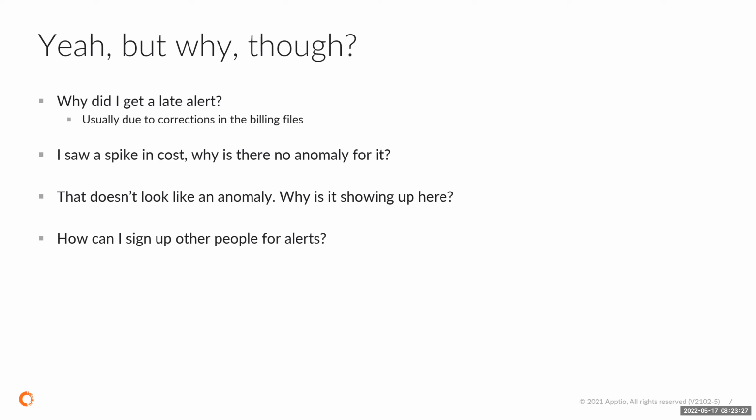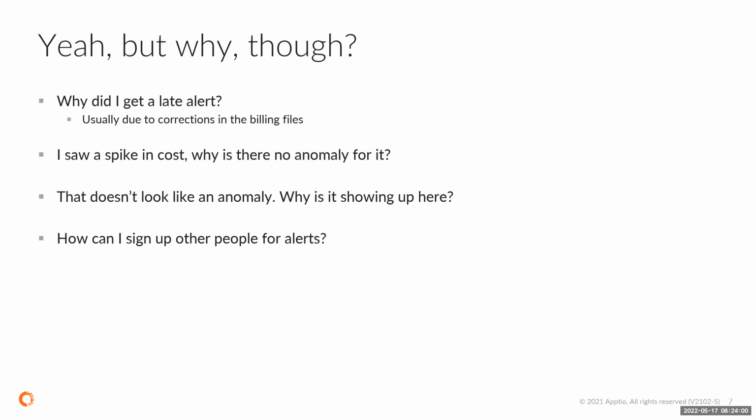And the thing is that this is usually due to corrections in the billing file. All the time, vendors are going to make changes to the billing file for previous days. So Amazon will give us a new CUR, and that CUR will have data for several days ago. It'll have updates to billing information for sometimes a week or more, even the beginning of the month.